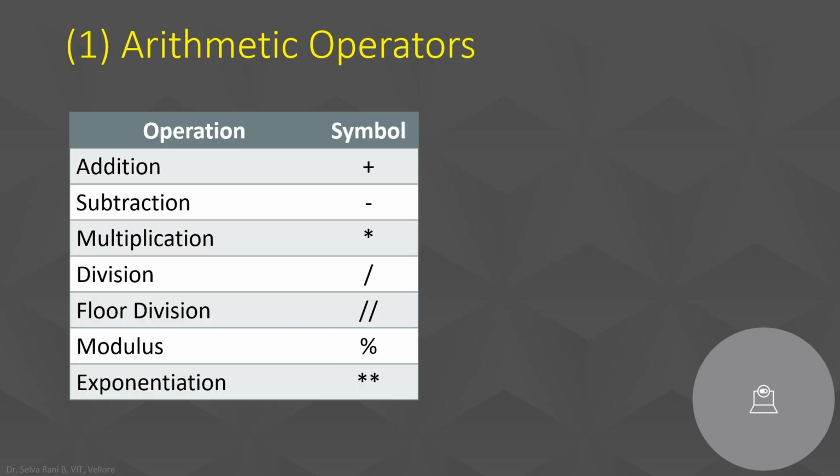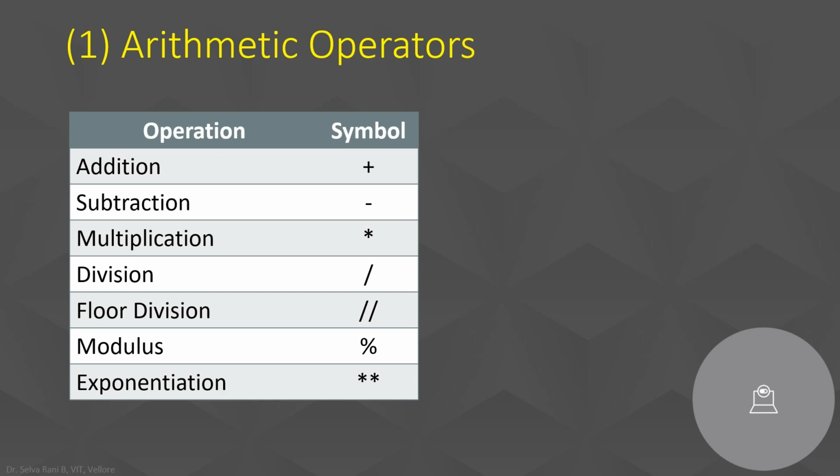The first type is arithmetic operators. The list available in Python: addition, subtraction, multiplication, division, floor division, modulus, and exponentiation. We already worked with addition, subtraction, multiplication, division, modulus, and exponentiation operators in other languages.